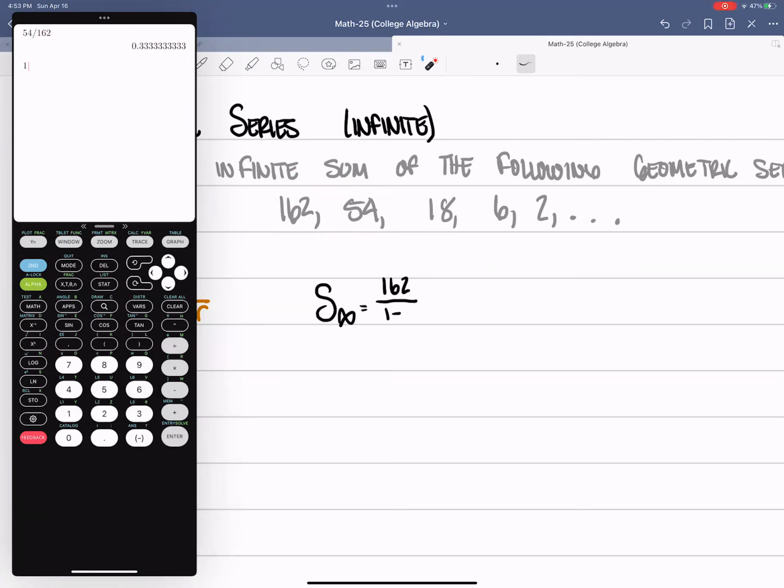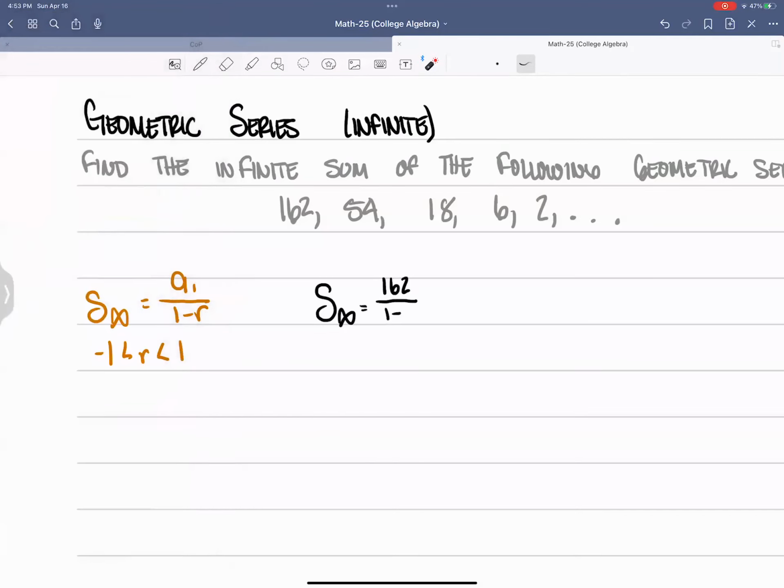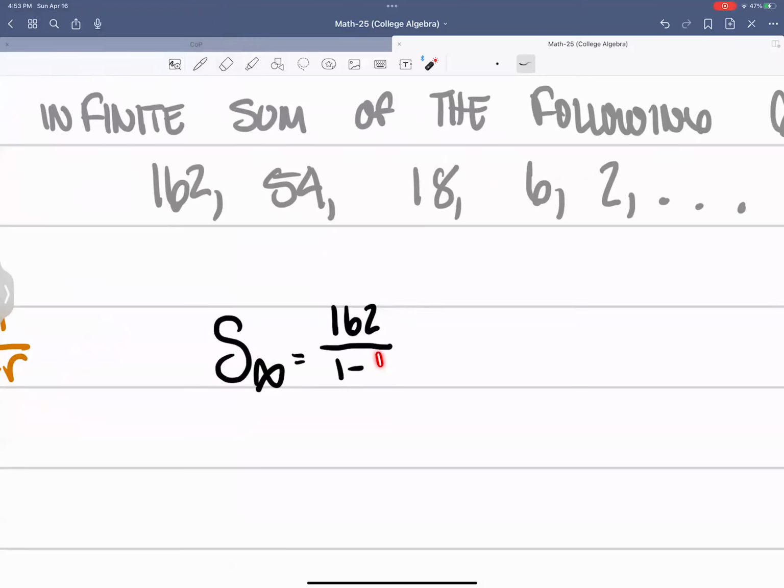Let's try 18 divided by 54, also 1/3. 6 divided by 18, also 1/3. 2 divided by 6, also 1/3. So it looks like our common ratio is 1/3.